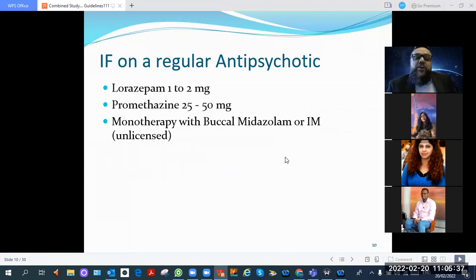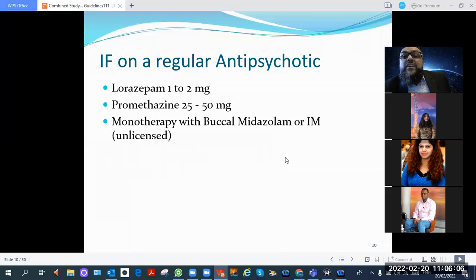So, lorazepam 1 to 2 milligrams you can give if the patient is already on a regular antipsychotic, especially if they're already having the BNF maximum 24-hourly dose of regular antipsychotic. Then you should not use any more antipsychotic. They're already on 20 milligrams of haloperidol.